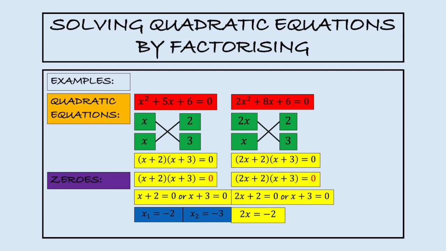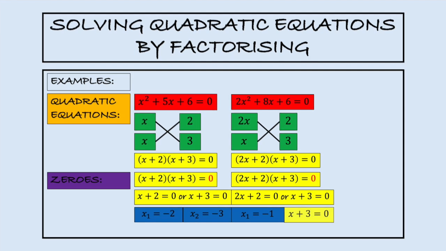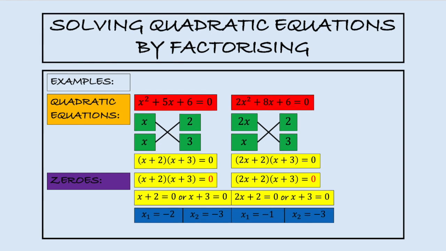Divide both sides by 2 and we would get x equals negative 1. Alternatively, x plus 3 could equal 0, which would give us the answer of x equals negative 3. Thus, we would have the two answers x equals negative 1 or x equals negative 3.